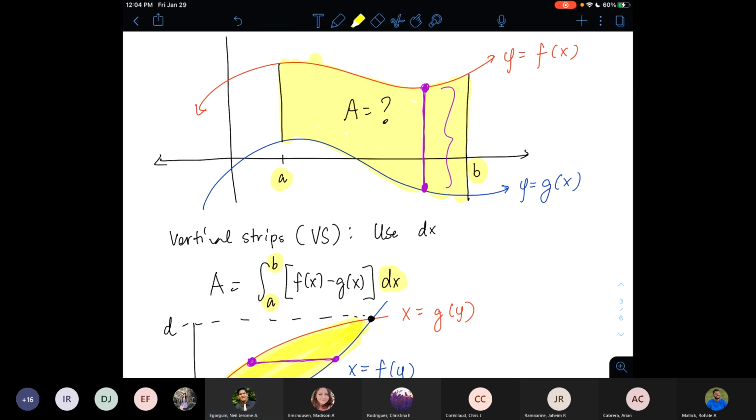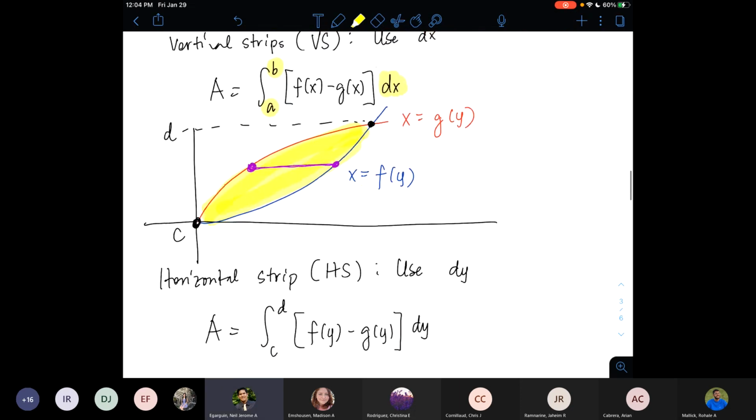All right. Now, there are some moments wherein you might want to use horizontal strips. Whenever you are using horizontal strips, the variable is always y. So you put a dy into your integral to remind you that the next step is to find the bounds for y. What is the y value where the region starts and what's the y value when it ends?